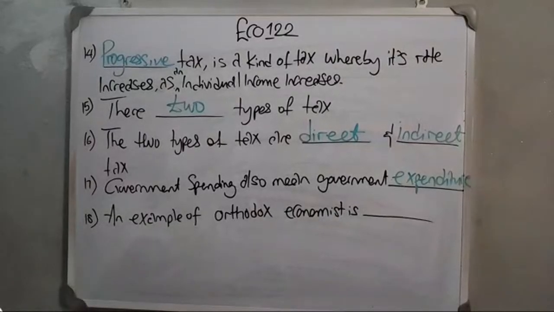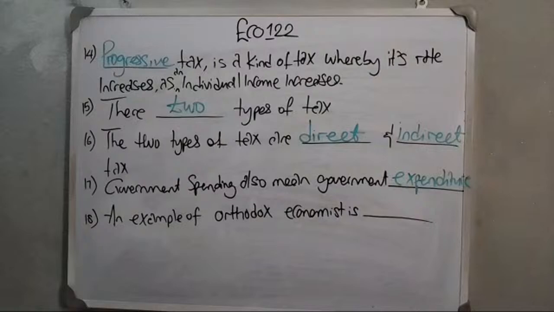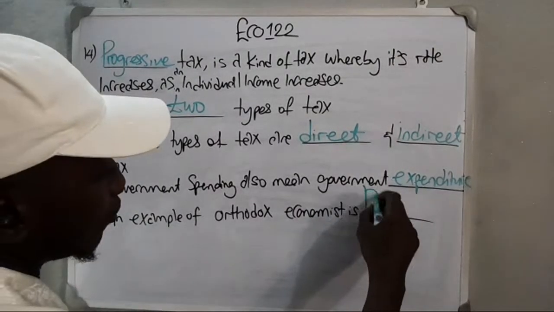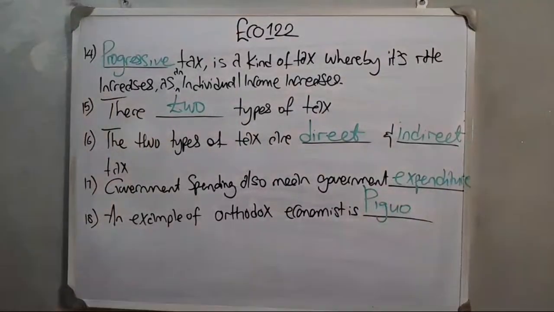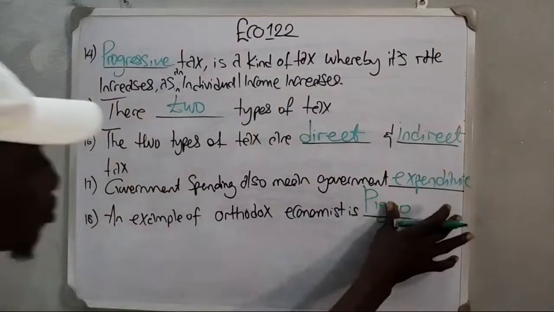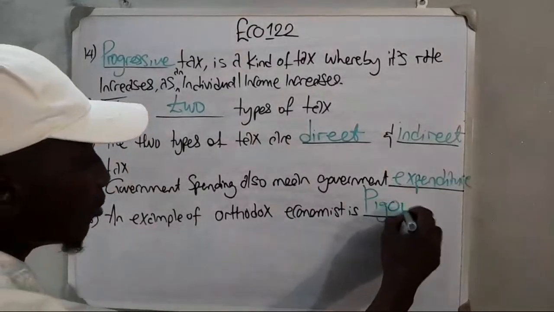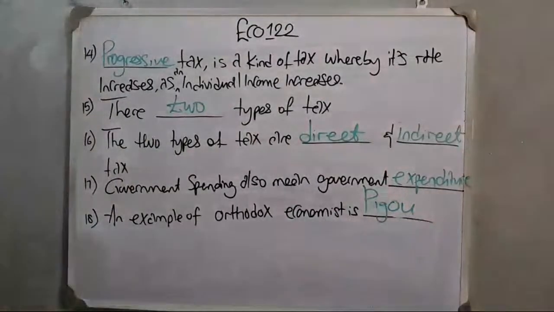Pigou. No, that's an O for the U. Pigou, a good example of an orthodox economist. Please, man, you don't start your noun with a small letter, especially someone's name. It's supposed to be in capital letter, man. Thank you.